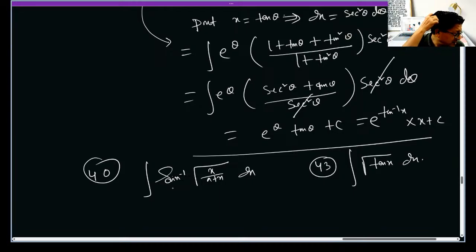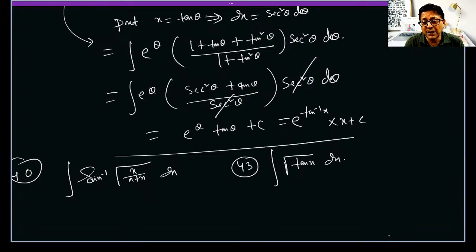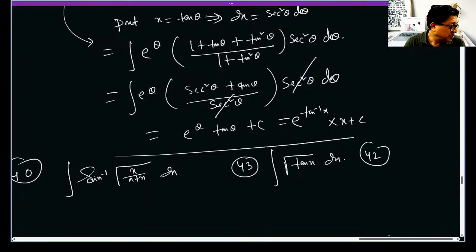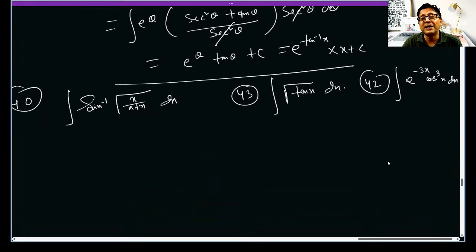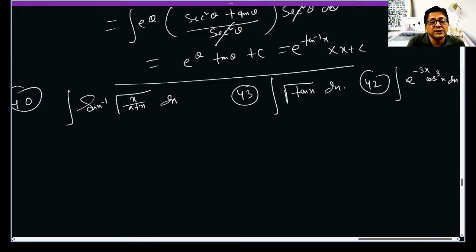What substitution are you going to do for these sums? And 42 also, in my book it is 42. If you don't practice, then you will suffer a lot. You need to practice, no? Otherwise you cannot finish this kind of sums easily.